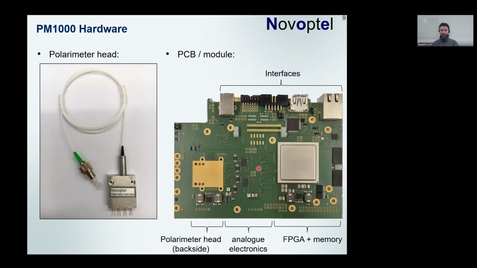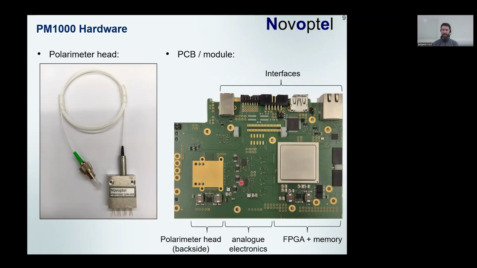So this is how our hardware looks. The optical part, the polarimeter head, is here on the left side with the optical input here. Then inside the optical components for separation of the analyzer polarizations. And here at the bottom, you see cathode and anode of the 4 photodiodes. This polarimeter head is then soldered onto our PCB at this place.